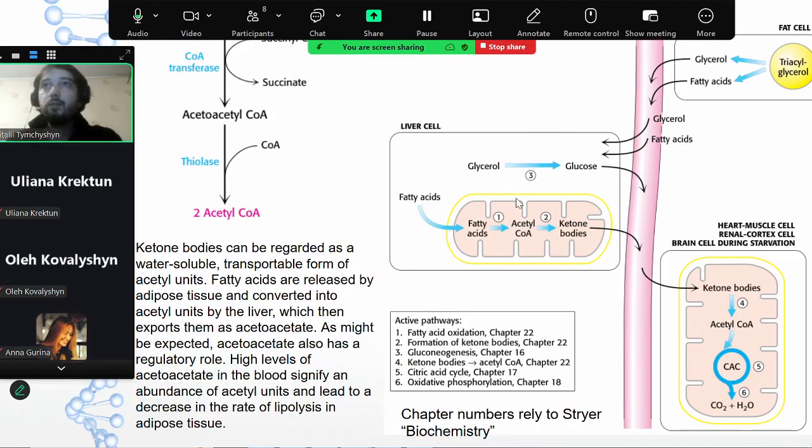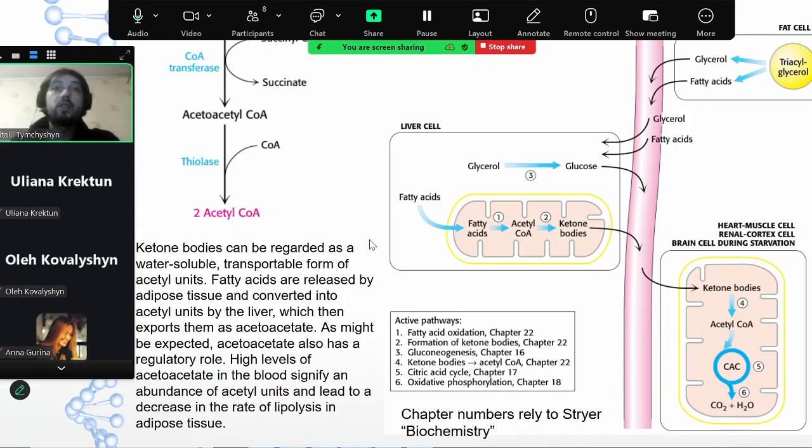Here you see a scheme. So what's happening here? Ketone bodies can be regarded as a water-soluble transportable form of acetyl units. Fatty acids are released by adipose tissue and converted into acetyl units by the liver, which then exports them as acetoacetate and acetone.